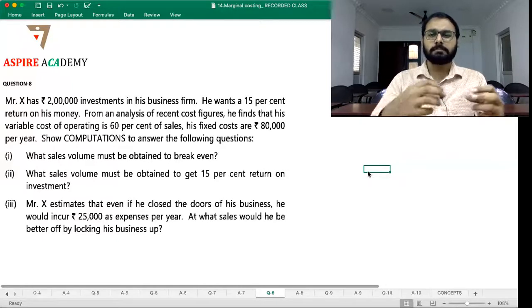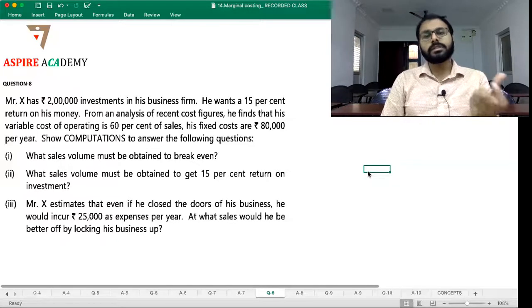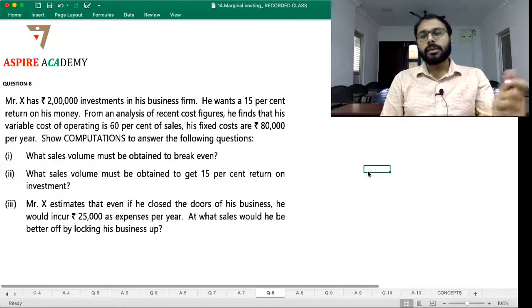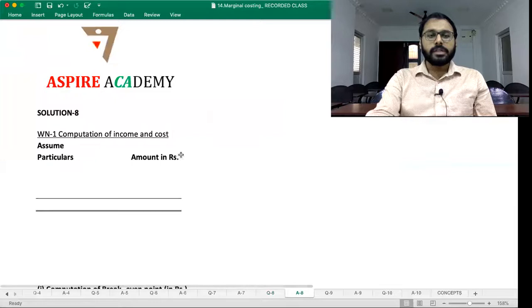If you know the solution directly, if 60% is the variable cost, then 40% is going to be the contribution. Assuming 100% is the sale, directly you can write down PV ratio would be 40%, because variable cost is 60%. So we'll directly jump to the solution portion.